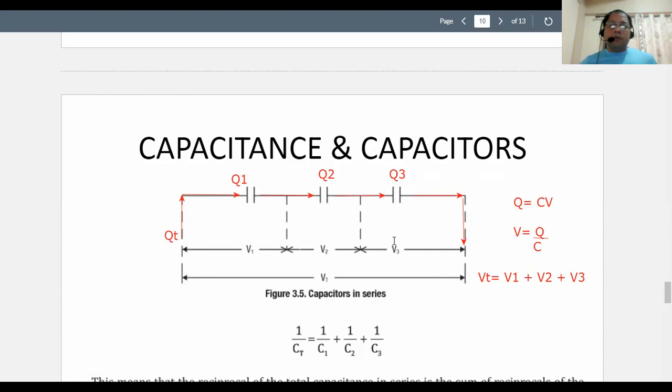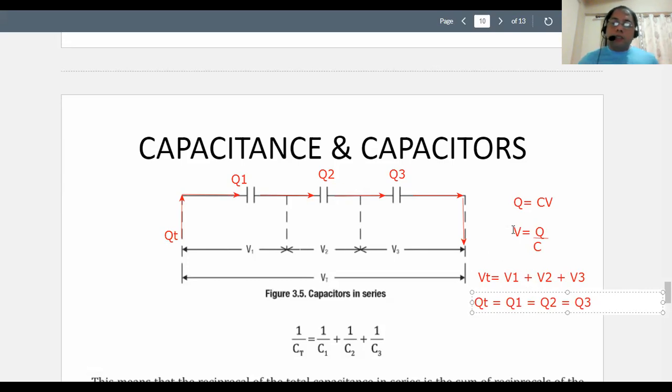So the next equation we notice is that our total charge Q sub T is equivalent to Q1, which equals Q sub 2, which equals Q sub 3. So the charges are equal in this case, but the voltages are added one to the other.